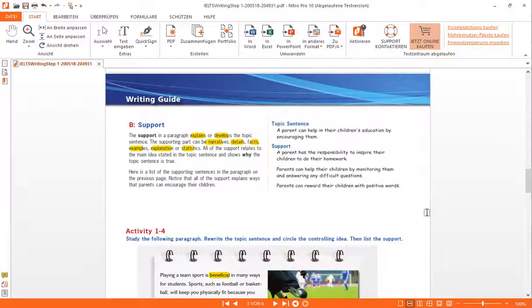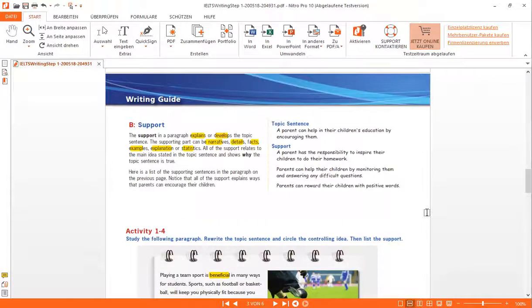Support. So that does it for the topic sentence part. To summarize, the topic sentence is the first sentence in your paragraph. It should be very precise, it should not be too broad, and it should have a controlling idea, which is your opinion, your judgment about the topic that you stated.